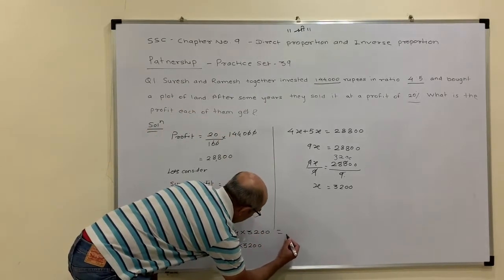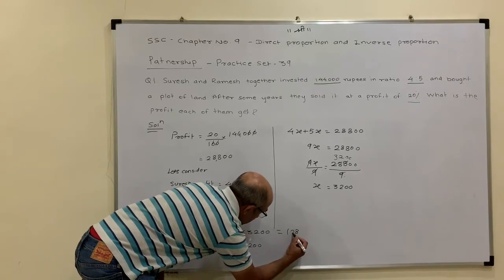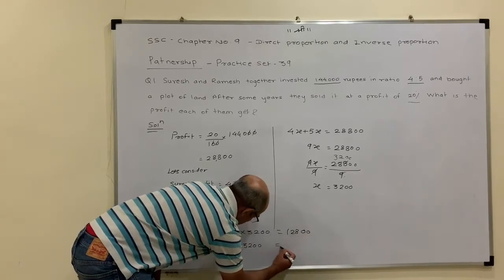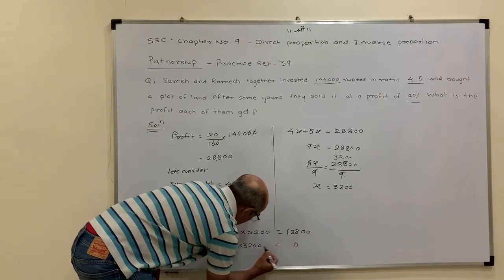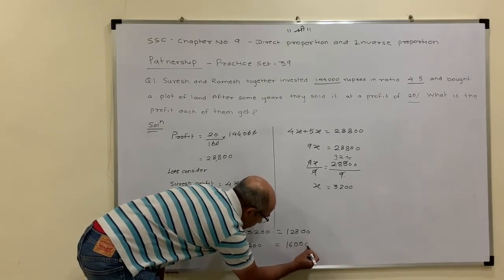So if you calculate, 4 2s are 8, 4 3s are 12, 0 0, then 5 2s are 10, 5 3s are 15 plus 1 is 16, 0 0.